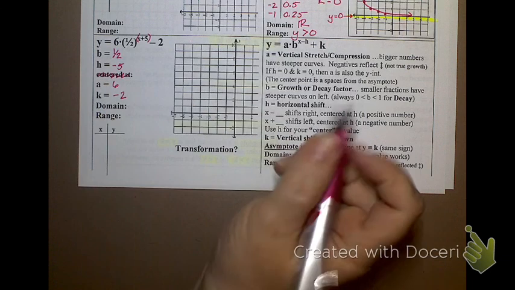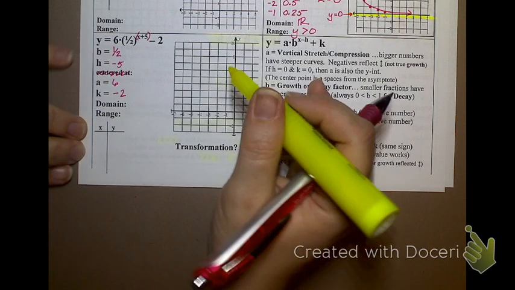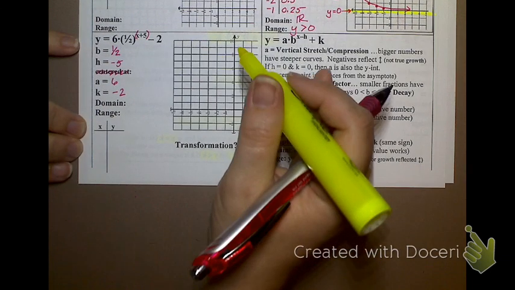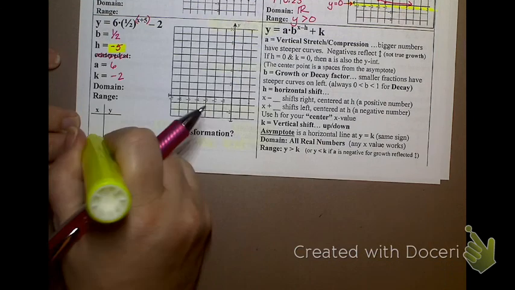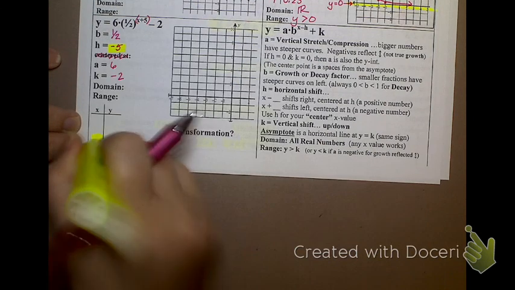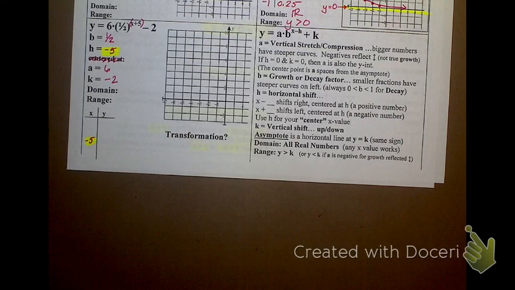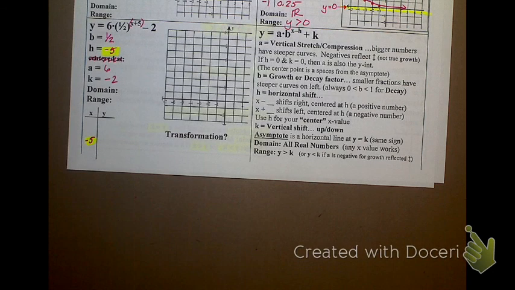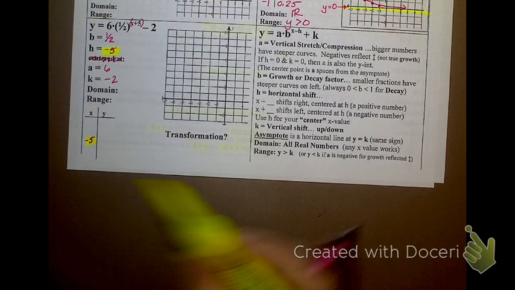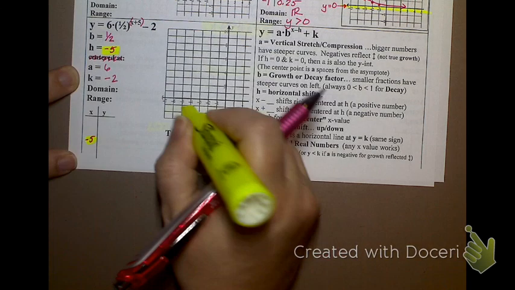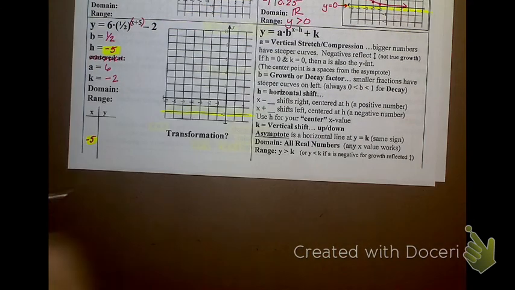All right, so what helps me with my XY chart? H. H tells me what goes in the middle. So negative 5 goes in the middle. What does K tell me? My what? So my asymptote is at negative 2.